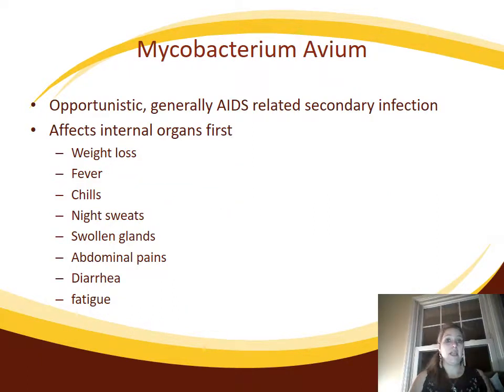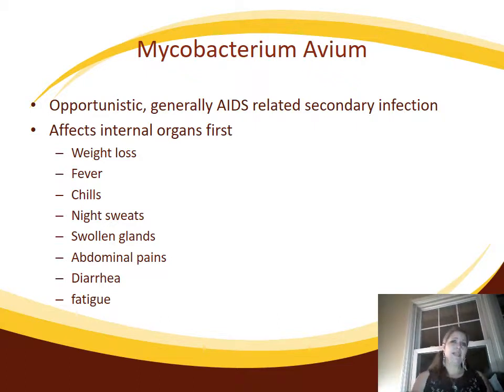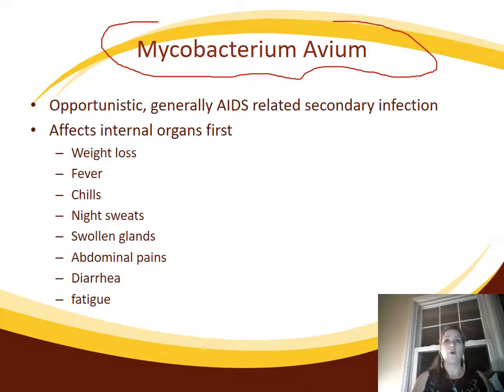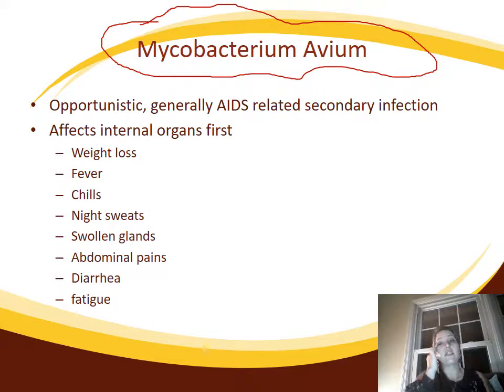Mycobacterium avium is an opportunistic infection that is generally an AIDS-related secondary infection, and it is important to know because I don't know how many of you have a lot of experience with death certificates and looking at the cause of death, but it is not common for a physician to actually list HIV or AIDS as a cause of death or even a contributing factor, because generally speaking, it's the secondary infections that are going to kill an AIDS patient.